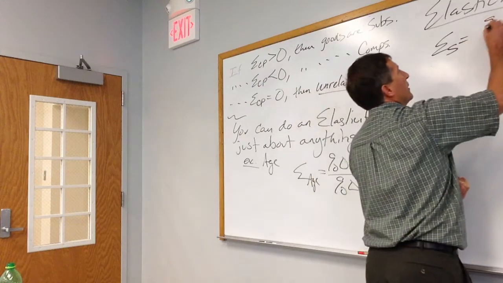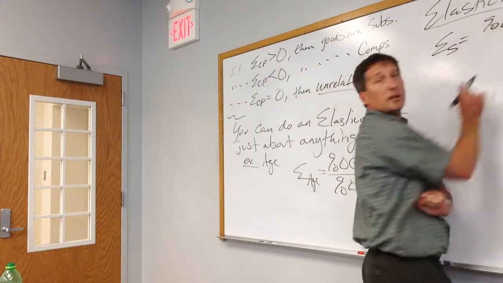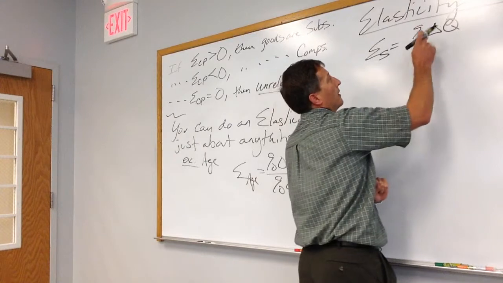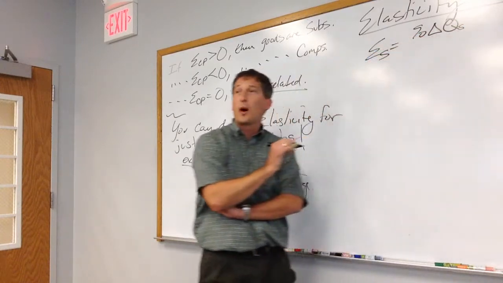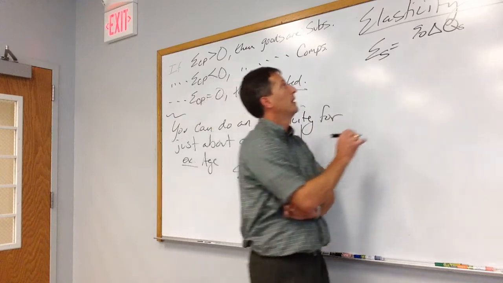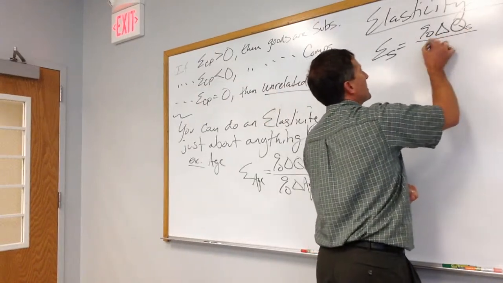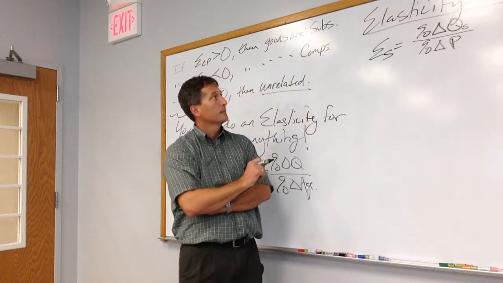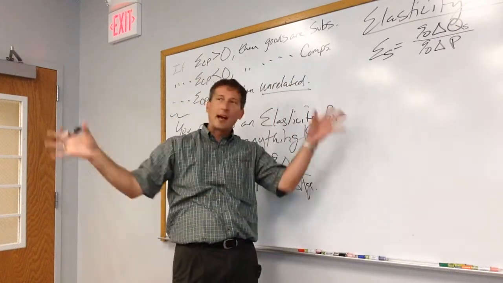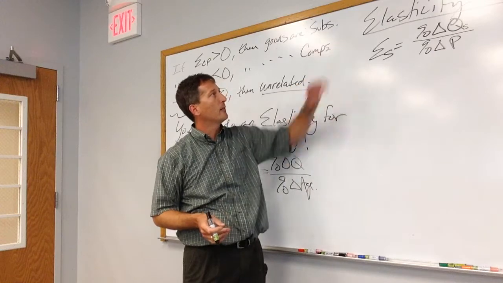So the formula would be the percentage change. Now here's where it's different. We're going to be talking about the supply curve, so this is the percentage change in the quantity supplied over the percentage change in price. All the rest of it follows, the averages, all of that stuff. I'm going to leave that off.